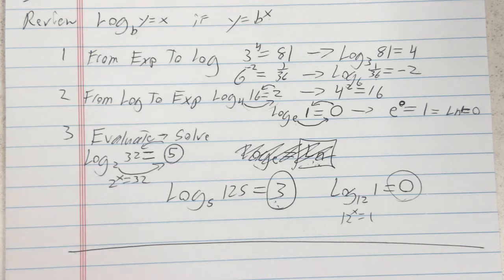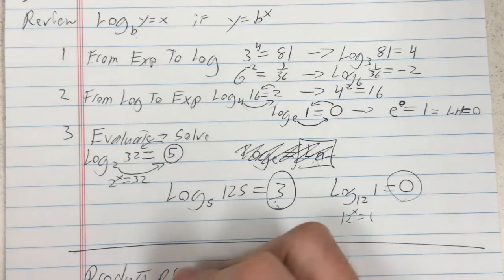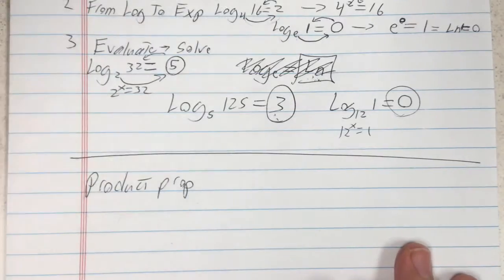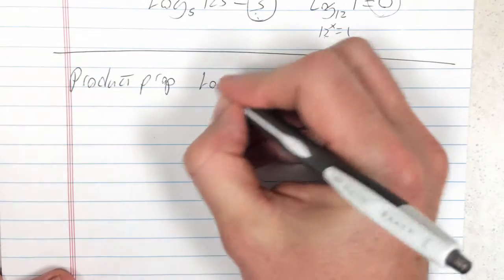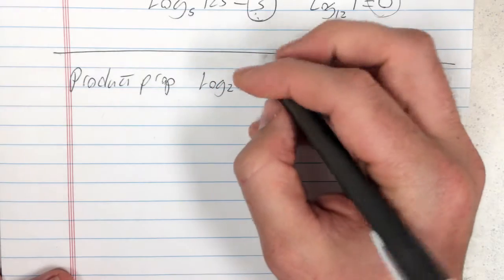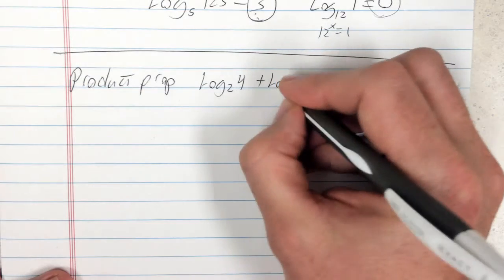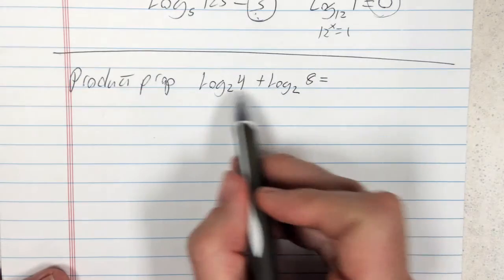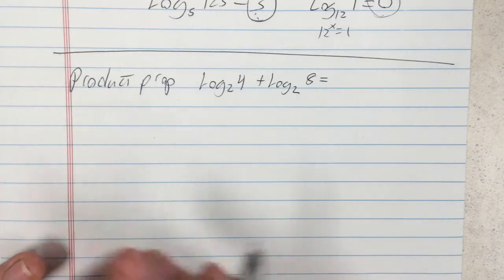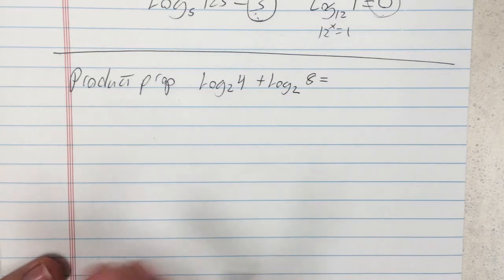All right, so product property, can't see it, let's move it up. Product property, log base 2 of 4 plus log base 2 of 8. First thing is it has to be the same base. You can't add or subtract log base 2 with log base 3.